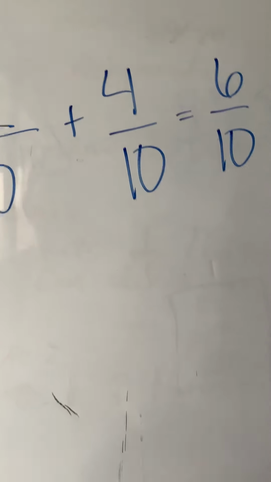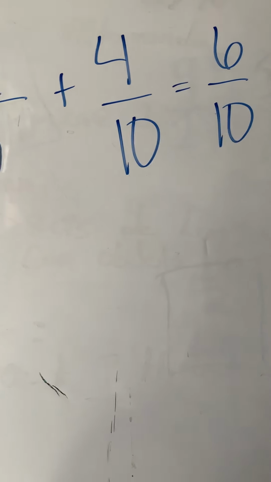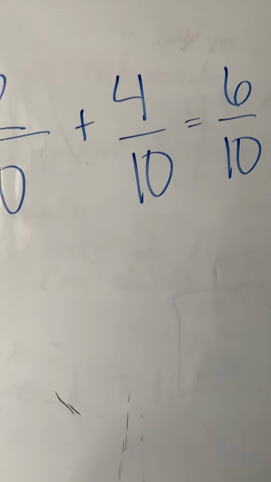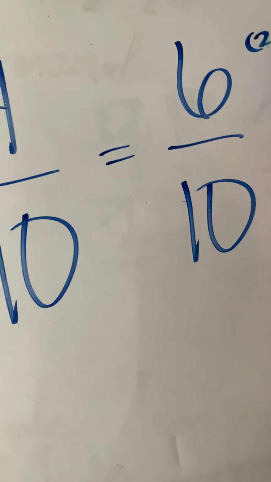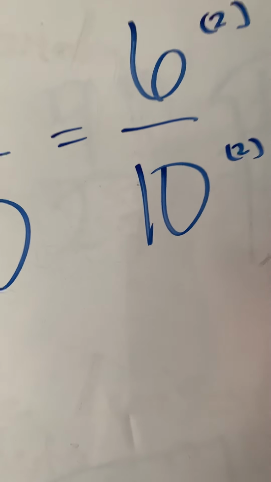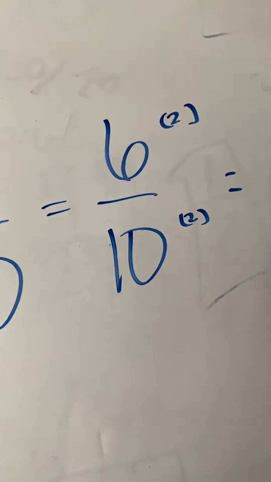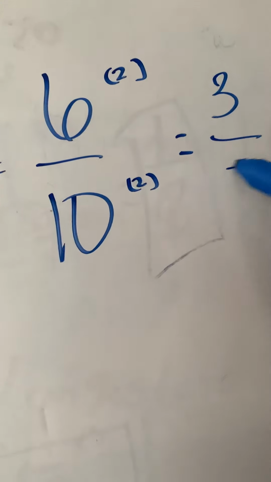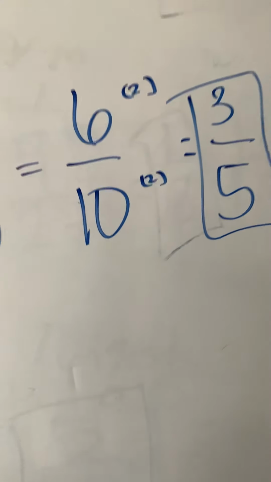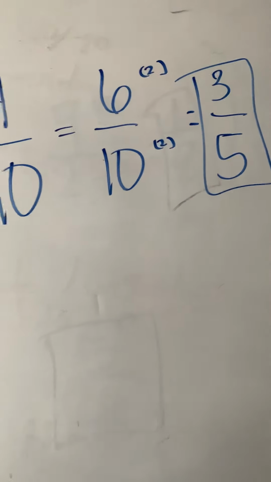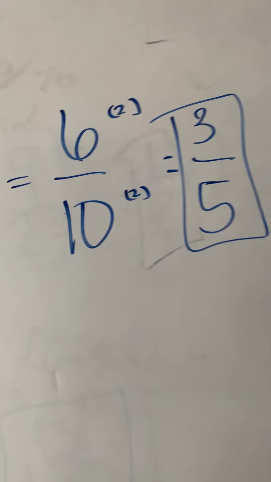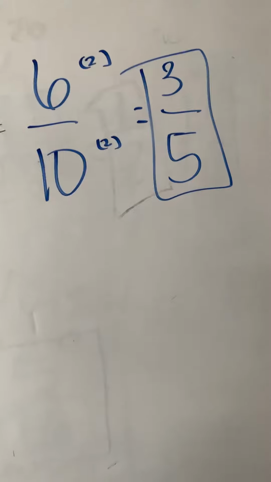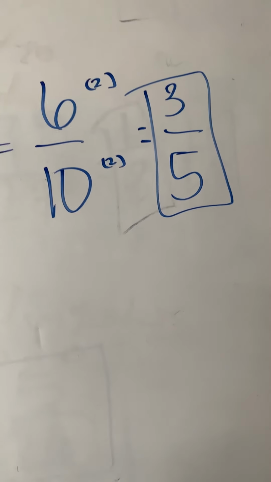But now going a step further, you know that this one can be simplified or reduced because by looking at it, you know that 2 goes into 6 and 2 goes into 10, which means this can be reduced to 3/5. The final answer is 3/5. Now 6/10 is not wrong, but fractions should always be left in simplest form.